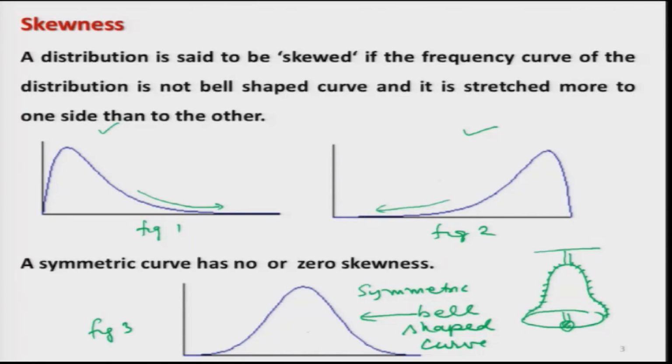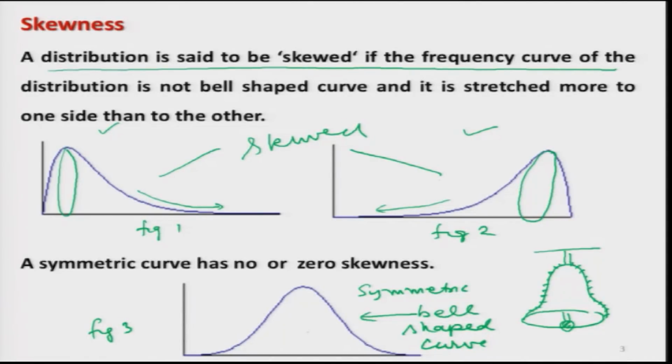This indicates that more values are concentrated in this region in figure 1 and more values are concentrated in this region in figure 2. In these cases, we say that the curves are skewed. So, a frequency distribution is said to be skewed if the frequency curve of the distribution is not the bell shaped curve and it is stressed more on one side than the other.